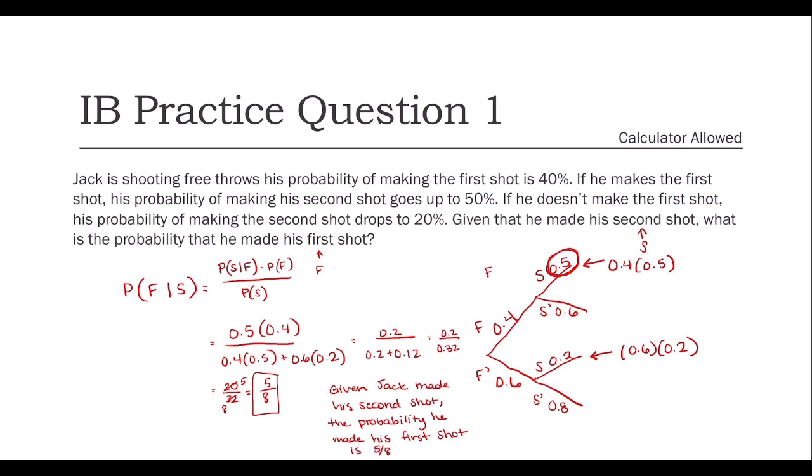And 5 divided by 8 is 0.625, so that's going to be 62.5%. So there's a 62.5% chance that he made his first shot, given that he made his second shot. So that's that problem.